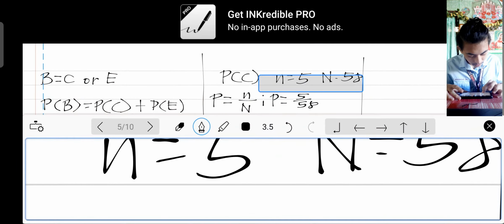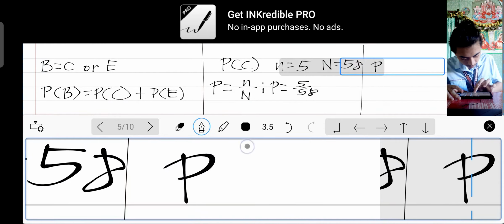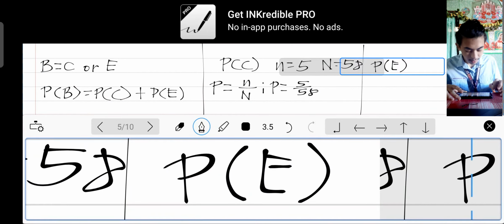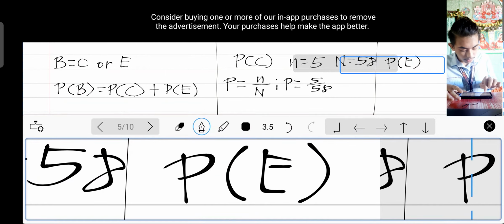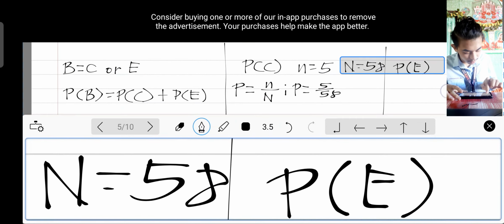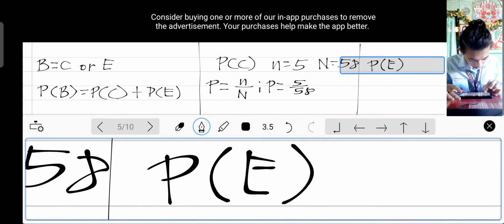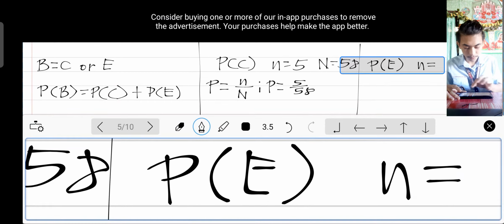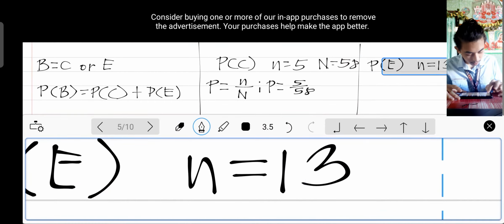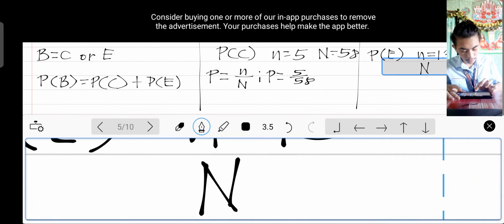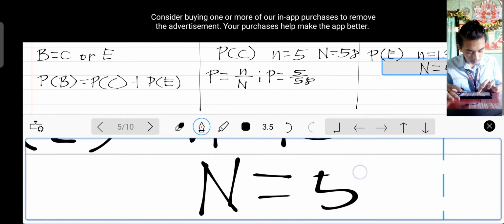We will go now to the probability of getting an electrical engineering. Guys, look at this screen, this on the top, not on the bottom, because it is where I write. We have 13 electrical engineering students and the total students of 58.